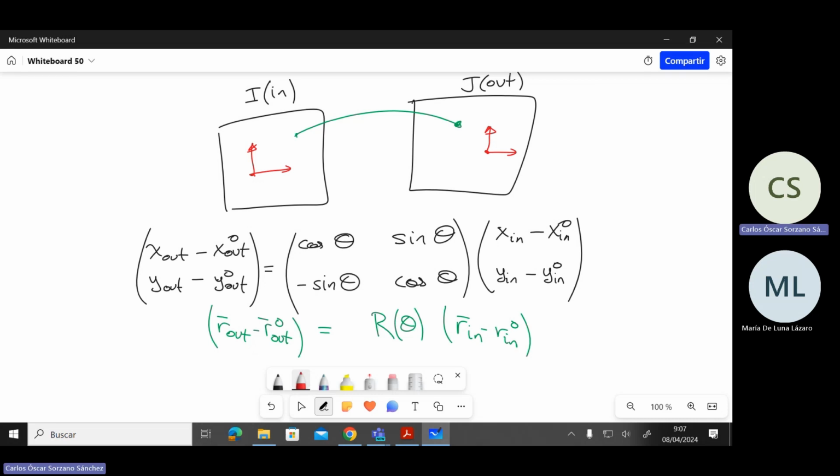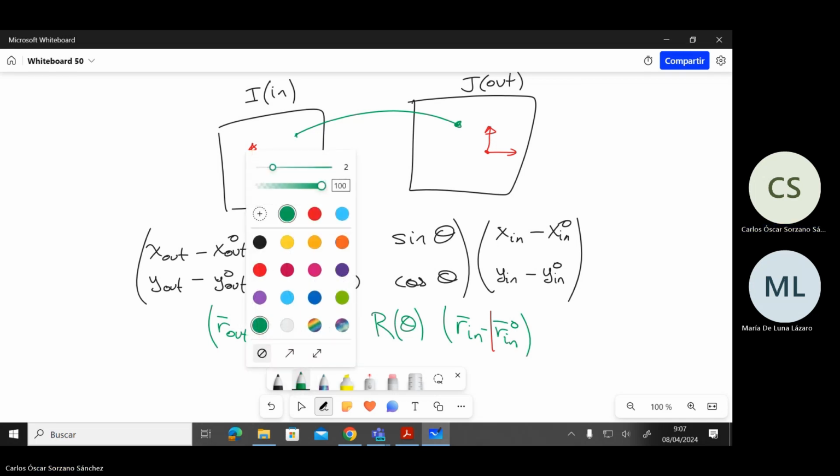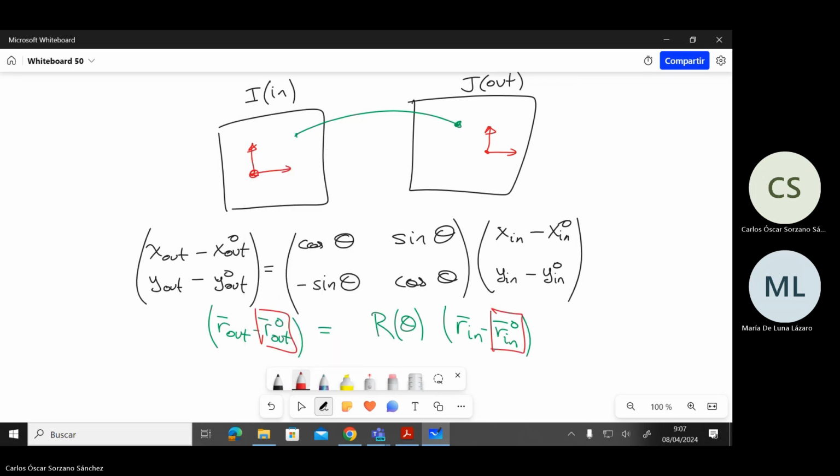So we define a center, this point, at least 2 points. Okay, these are these 2 points.